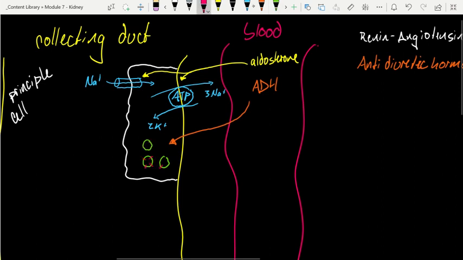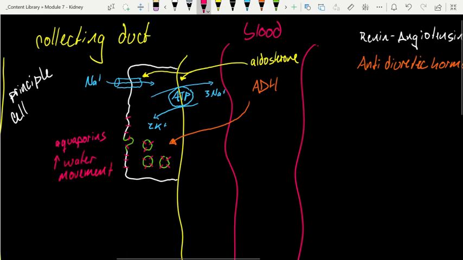These red lines here represent aquaporin channels embedded in the membrane, waiting to be exocytosed. In the presence of ADH, we'll see the fusion of these vesicles with the cell membrane. And of course, because they were loaded with these aquaporins, that places the aquaporins inside the cell membrane, on the luminal surface. These aquaporins allow for increased water movement.